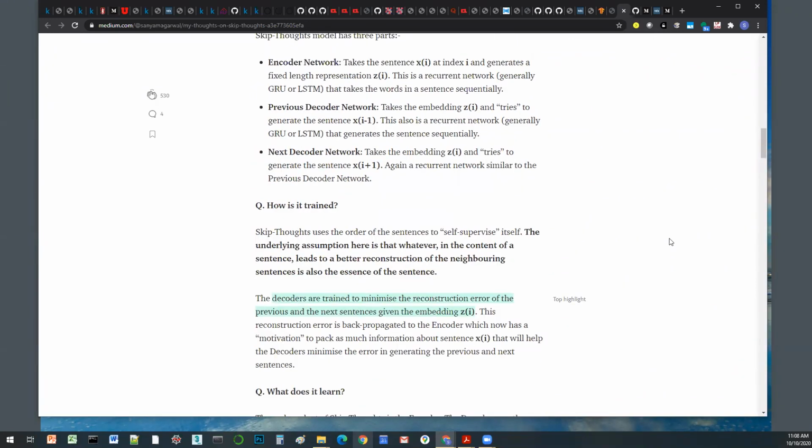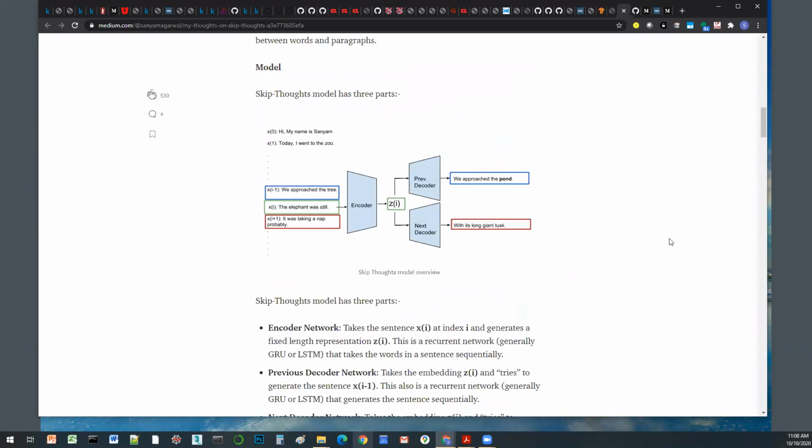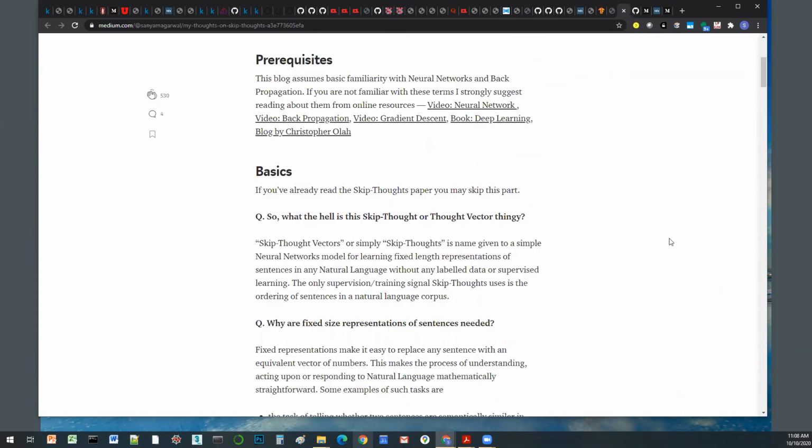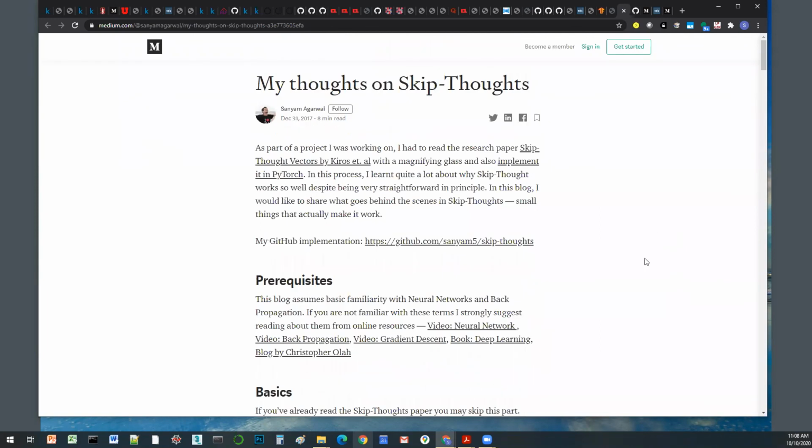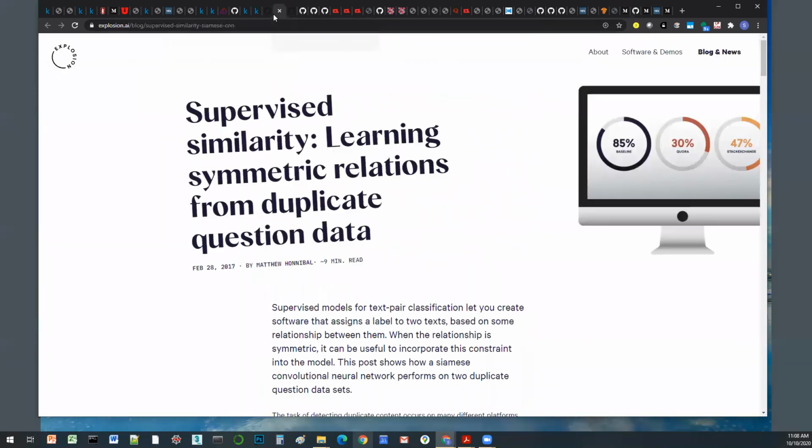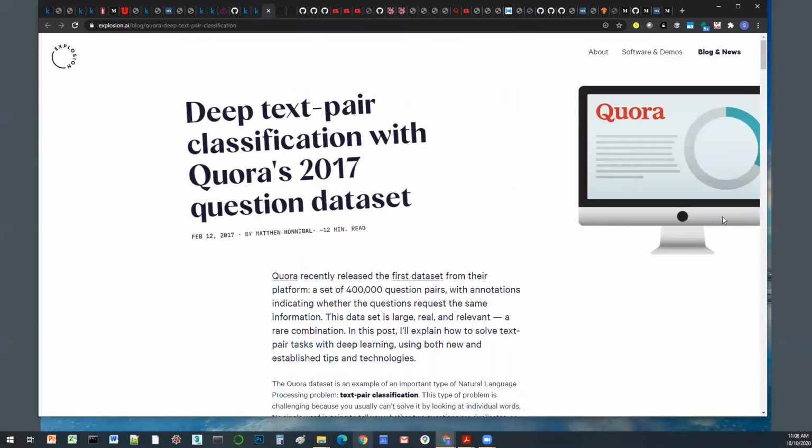If you wanted to be aggressive, this would probably be an interesting next step beyond the previous discussion we had, sorry, not that one, but this one, the deep text pair classification. He has already given a GitHub implementation as well. I just wanted to point to that before I post it on Slack as well.